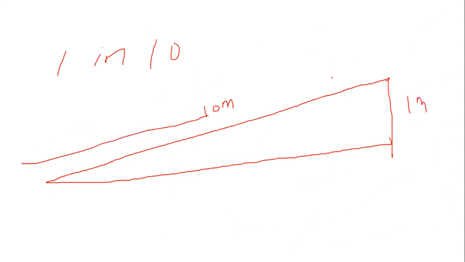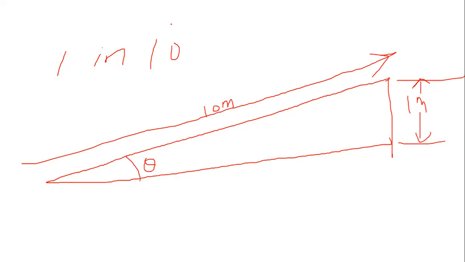So whenever the vehicle moves 10 meter on the steep road or on the gradient, it gets lifted through 1 meter. So sometimes the angle is given or sometimes a value like this is given.